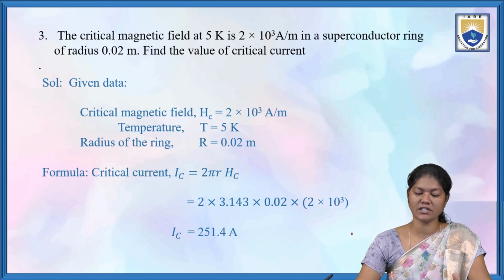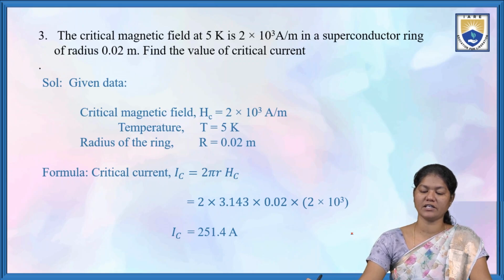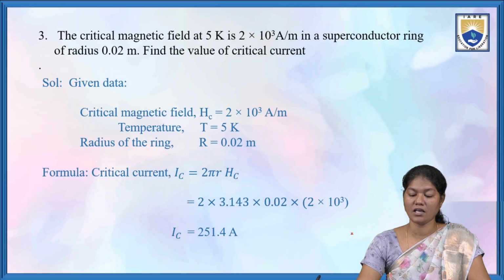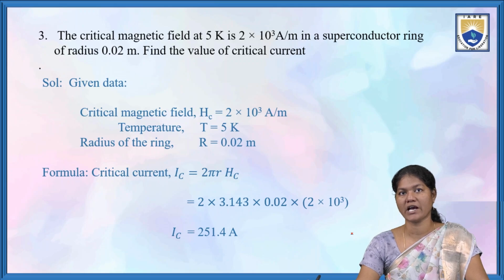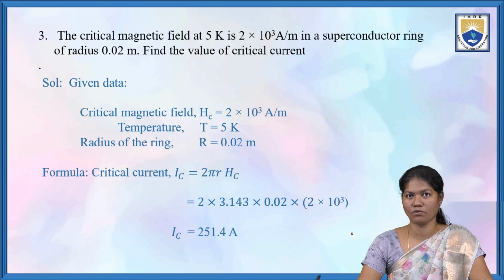So this critical magnetic field is for a superconducting ring which has the radius 0.02 meters, but we need to find the value of critical current.